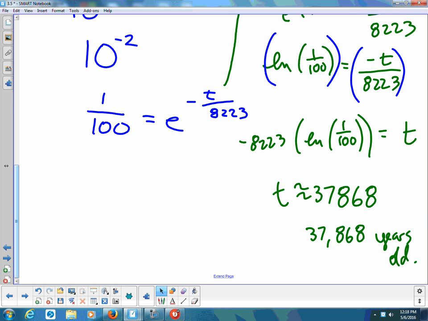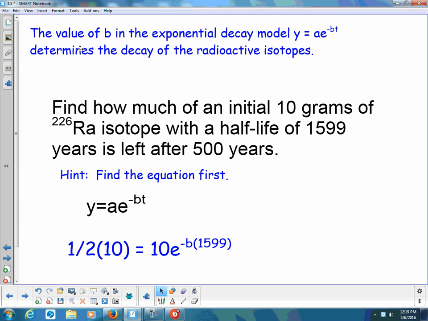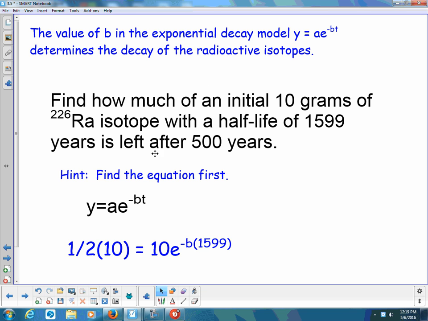Okay, we're just going to do one last problem. The value of b in the exponential decay model determines the decay of the radioactive isotopes. Find how much of an initial 10 grams of radium-226 isotope, which has a half-life of 1,599 years, is going to be left after 500 years.